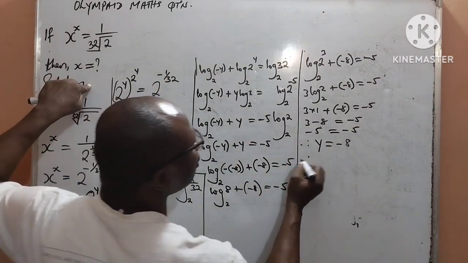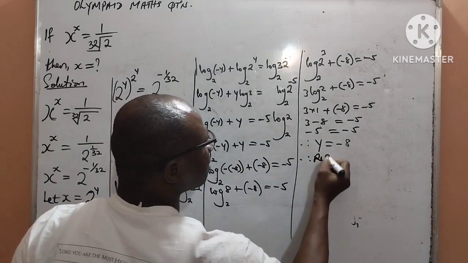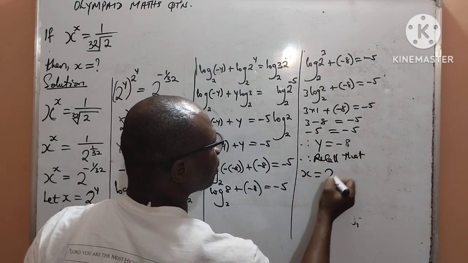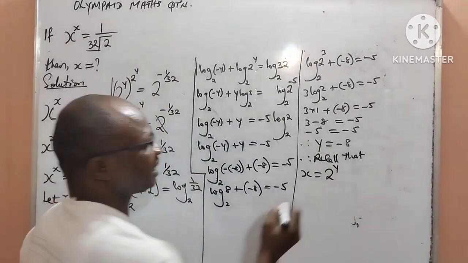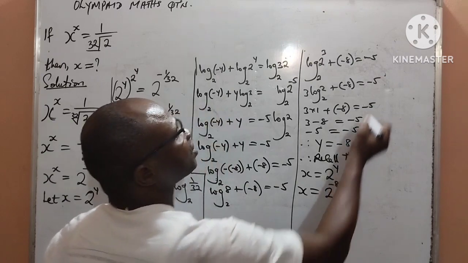We can now conclude this question. Recall that x is equal to 2 raised to the power y, meaning that my x now will be equal to 2 raised to the power negative 8.